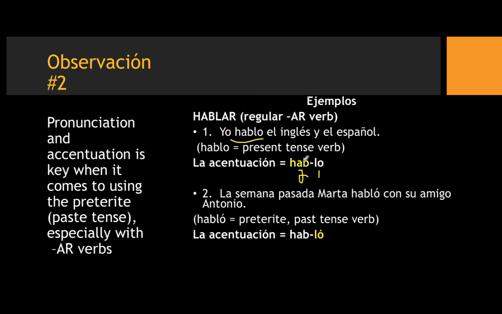So second syllable is hablo. So you're going to stress or accentuate that when you say it, when you pronounce it. So hablo. Yo hablo el inglés y el español. So when I hear that, hablo, I know that's I speak, present tense. And the subject is yo.